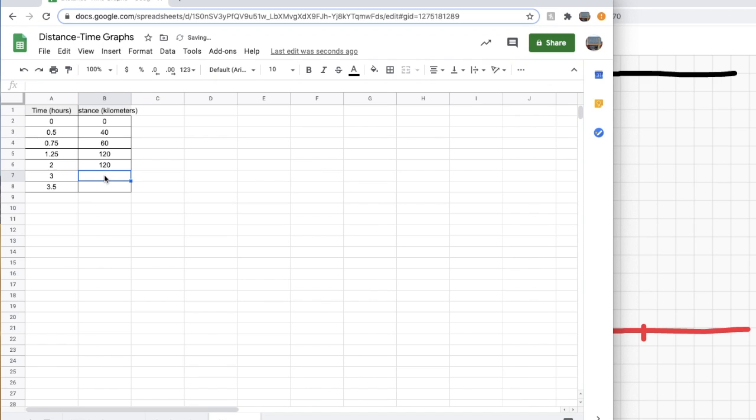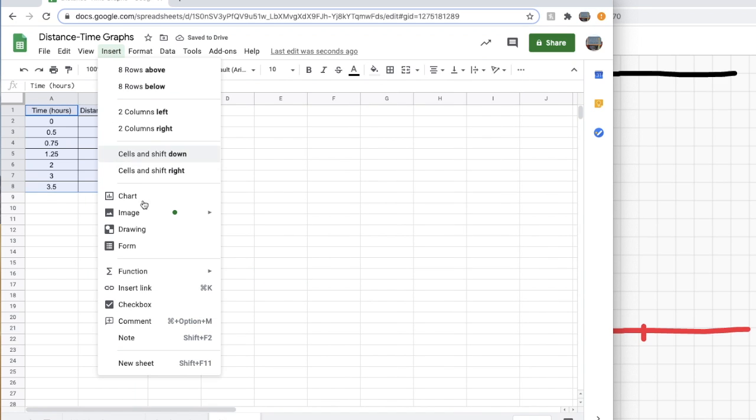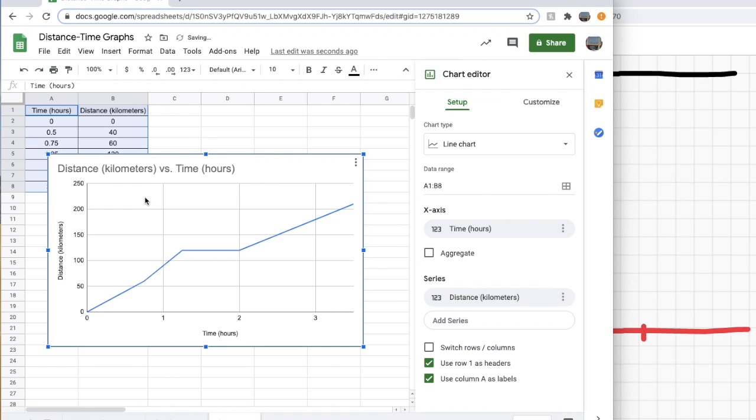So then at 2 hours, they're going to go back to their car, drive for an hour. Let's say they get to 180, and here 210. Okay. So now let's just quickly make a graph of this, because it's going to add in one part that I've mentioned before.